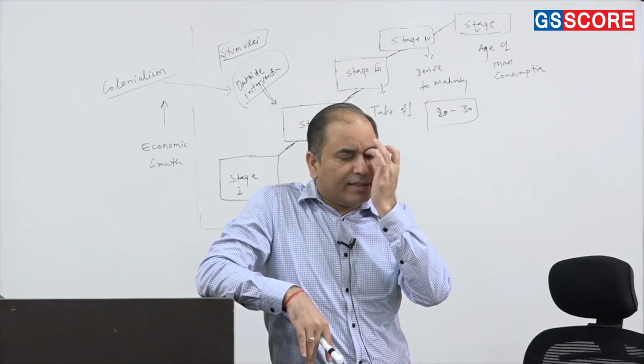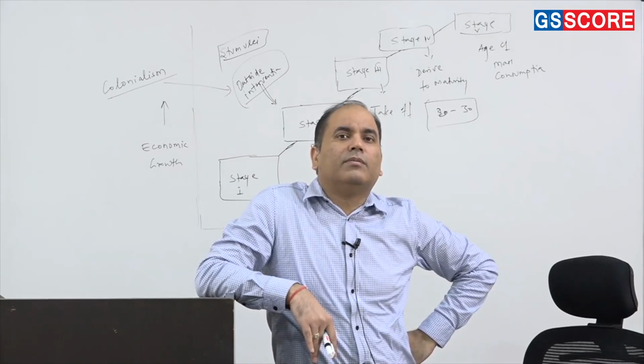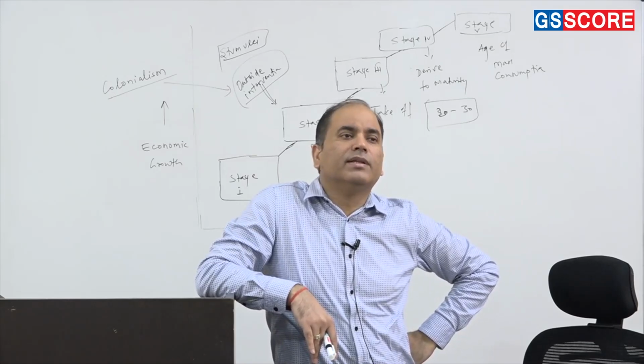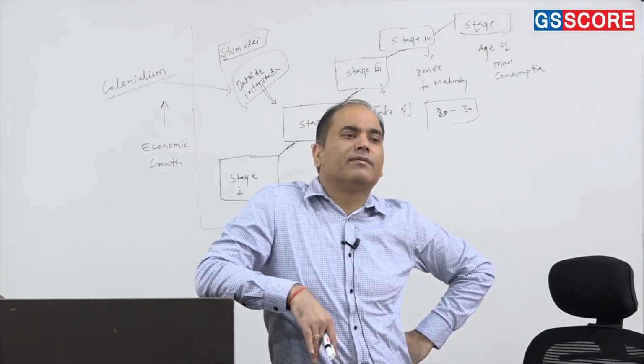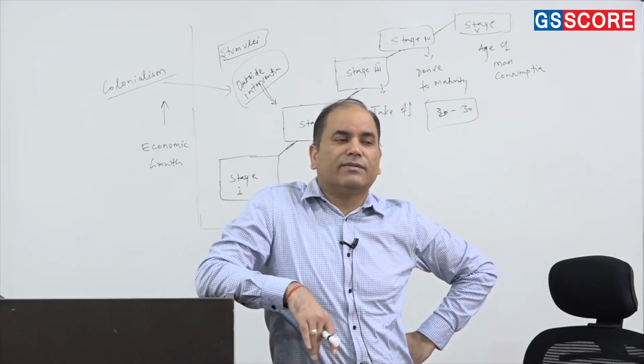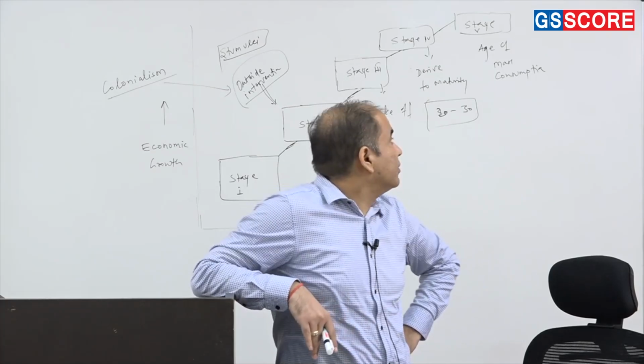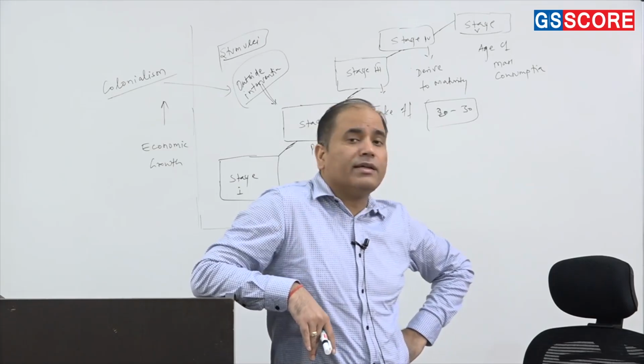Also, healthcare facilities improve, infrastructure will improve, a modern form of infrastructure will also be there, energy diversification will also be there, people will have different modes of energy. All these things will happen, and then we will move to the age of high mass consumption.